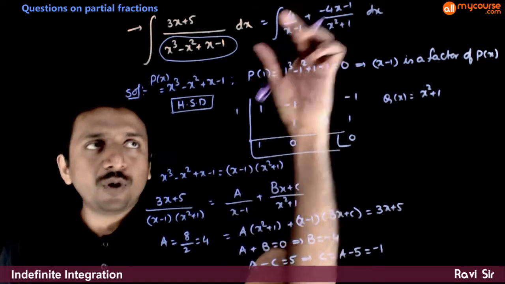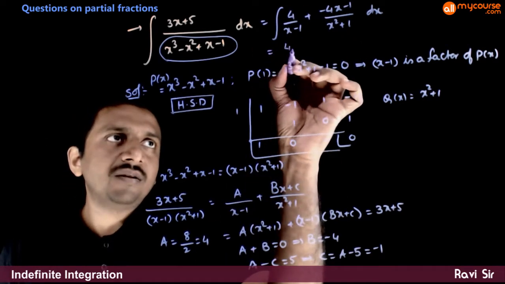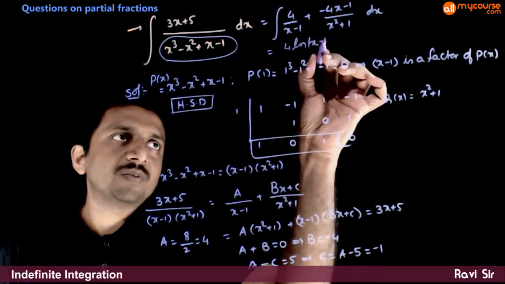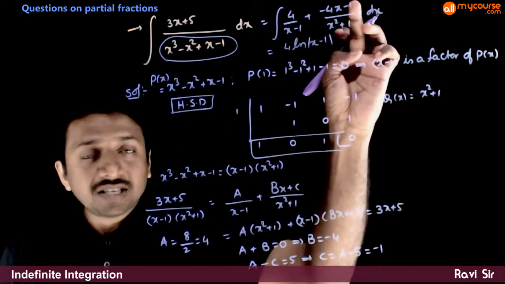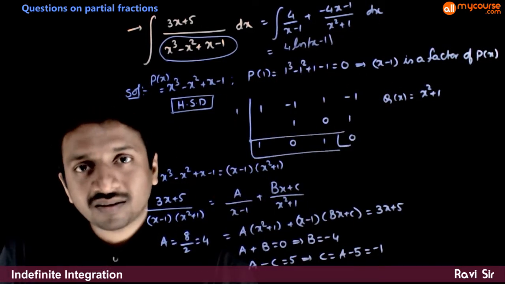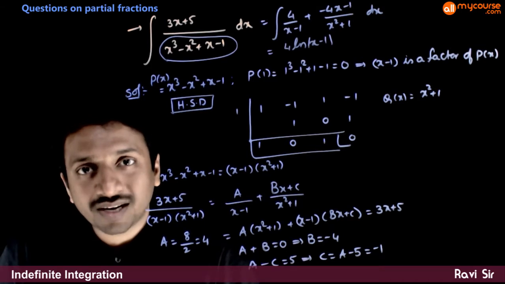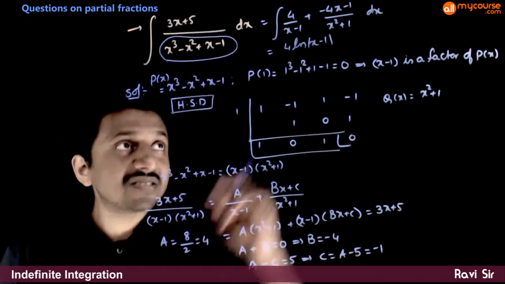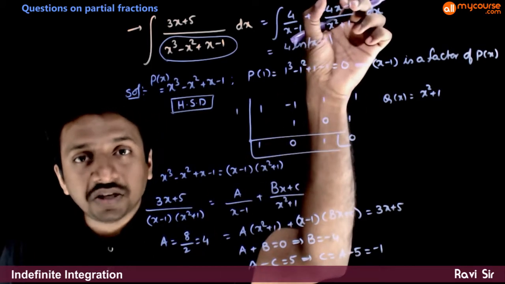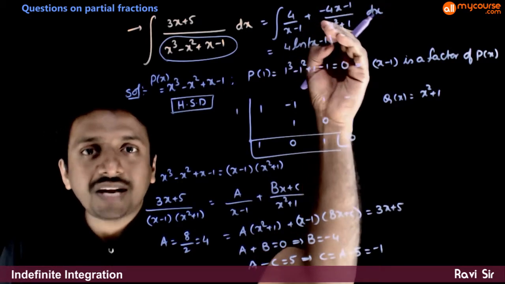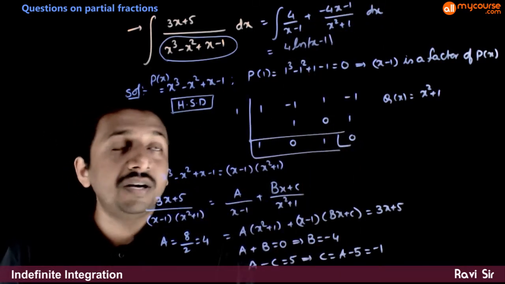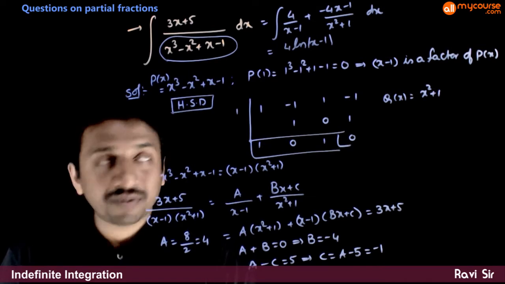Here 4 by x minus 1 is easily integrable, 4 ln mod x minus 1. And for the next term you have a linear by quadratic. Whenever you have linear by quadratic, you need to express the numerator as some number times the differentiation of the denominator plus some number.